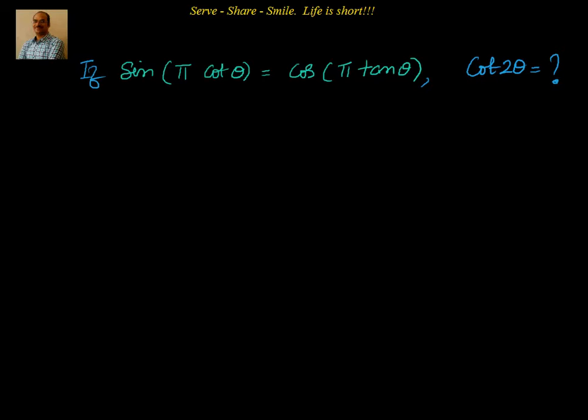First and foremost, we'll try to simplify this. Take this as x, take this as y, and to make it a little easier, we'll say sin x equals cos y. Now this equation can be written in a way that on both sides I have the same trigonometric ratio, so that I can take out the trigonometric function and equate the angles.